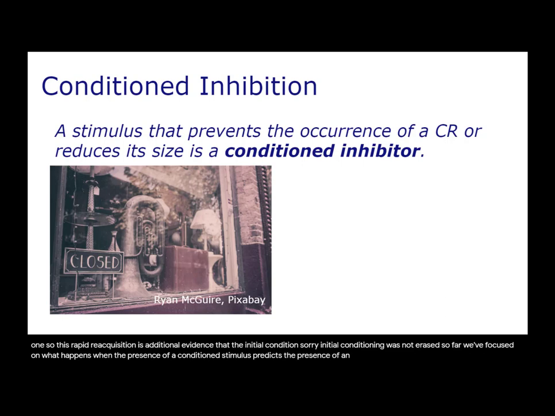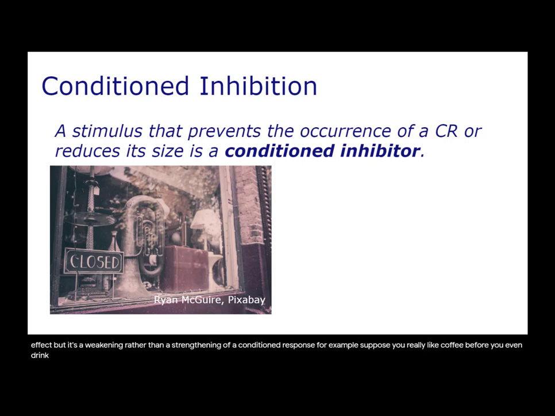So far, we've focused on what happens when the presence of a conditioned stimulus predicts the presence of an unconditioned stimulus. A conditioned response is established. Of course, when the presence of a conditioned stimulus predicts the absence of an unconditioned stimulus, you do get an effect, but it's a weakening rather than a strengthening of a conditioned response. For example, suppose you really like coffee.